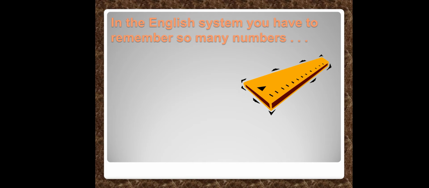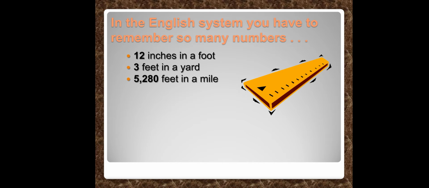In the English system, you have to remember so many numbers. 12 inches in a foot, 3 feet in a yard, 5280 feet in a mile, 16 ounces in a pound, 4 quarts to a gallon.